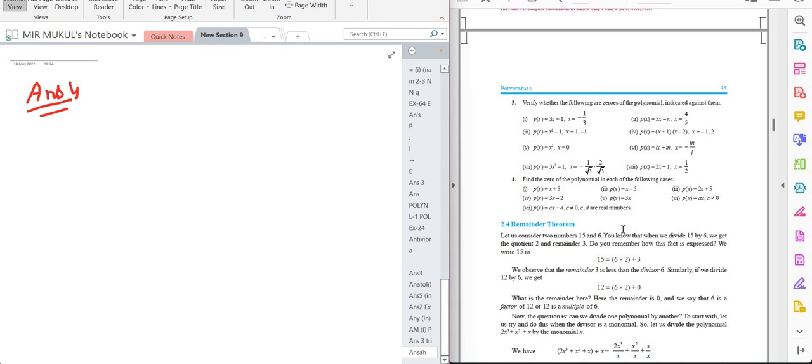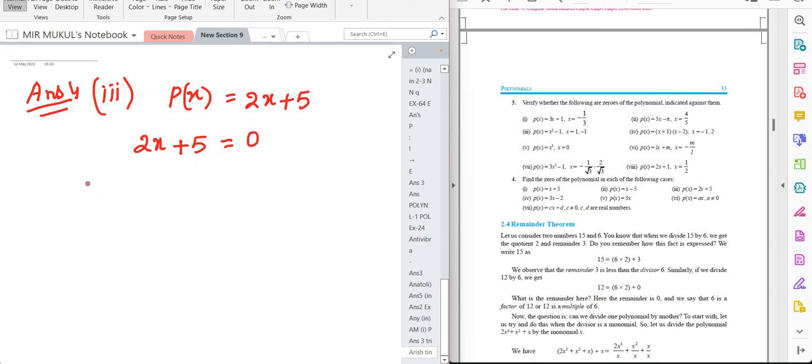Answer 4. Question number 1, the first one I did. I am showing the third one. We have to find the zero of the polynomial. So P(x) equals 2x plus 5. So we'll write this: if P(x) equals 0 for any value of x, then we can say that value of x is a zero of that polynomial. So 2x plus 5 equals 0 we'll write.